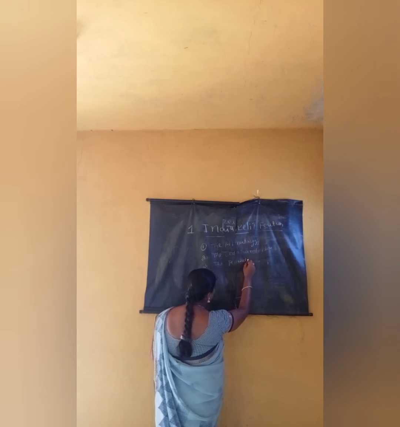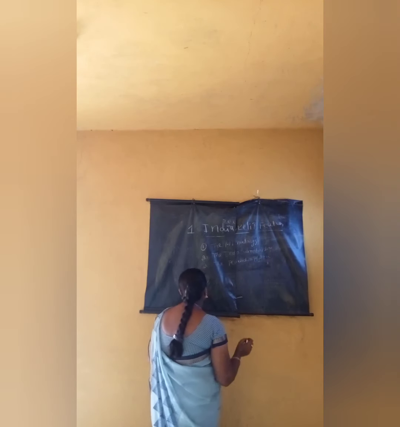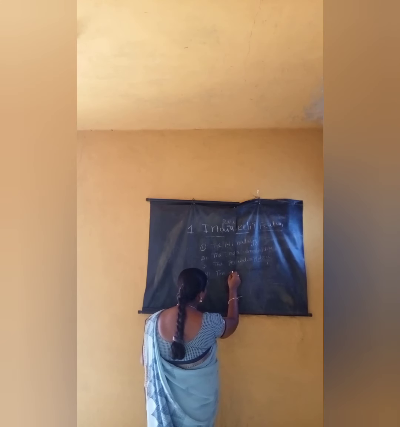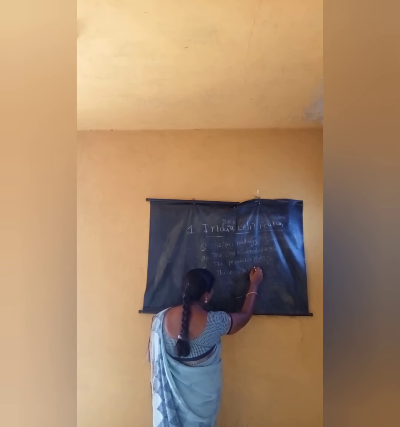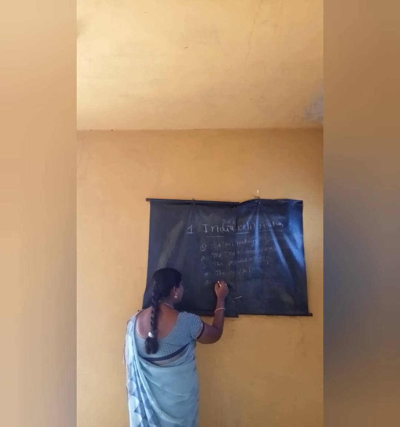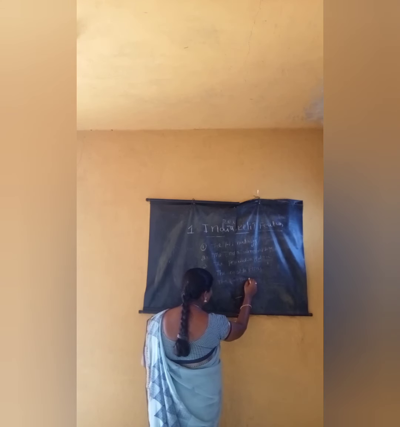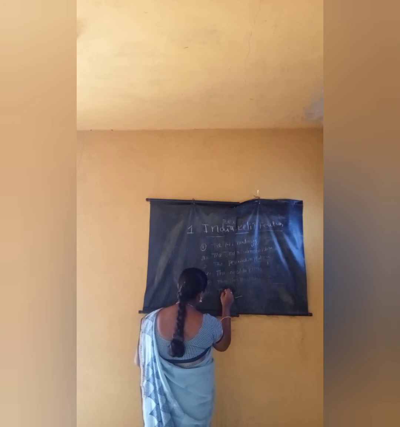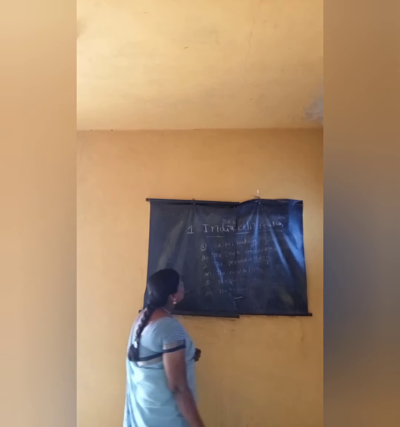Fourth one, the coastal plains. Fifth one, the Thar Desert. Sixth one, the highland.